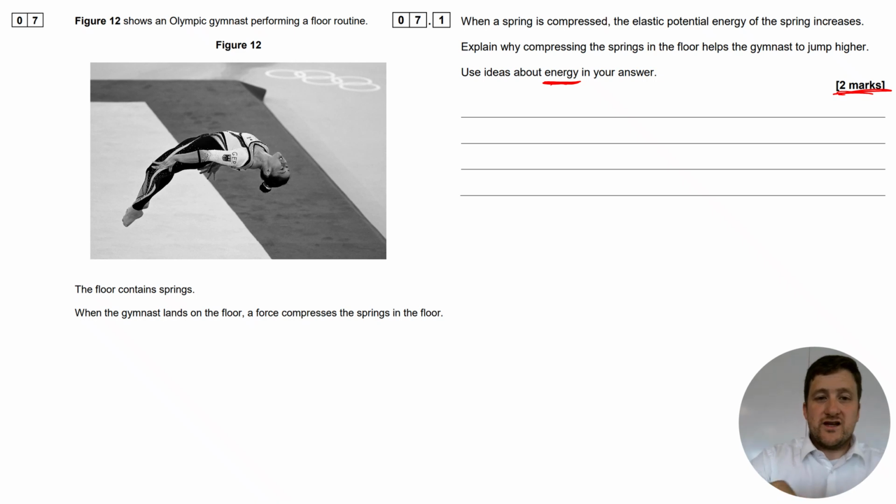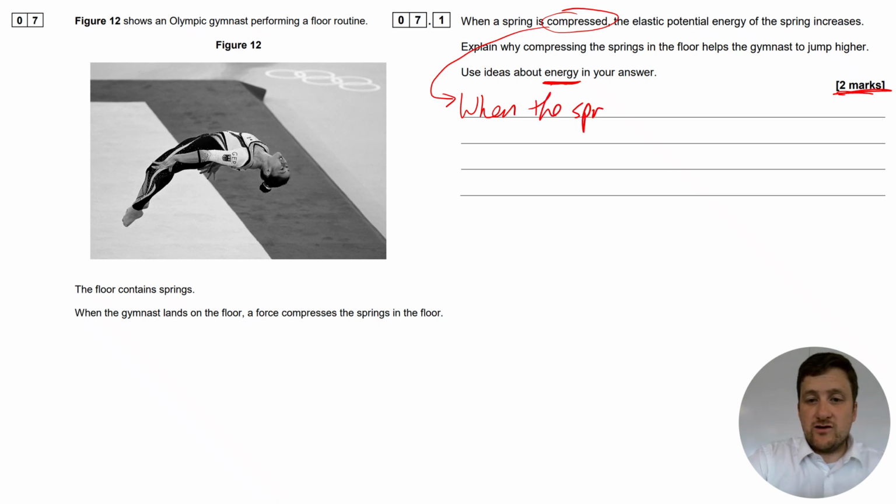They've already talked about it compressing, so we don't need to, because they've already said the elastic potential energy of the spring increases. What we need to say is essentially the opposite. Compressing is when it's squeezed. So when they land on the spring, it's going to compress, and then it's going to extend afterwards.